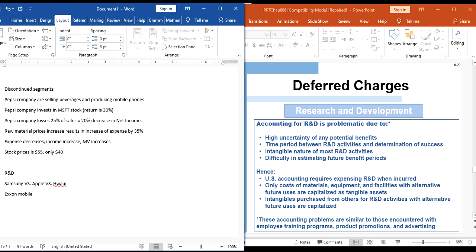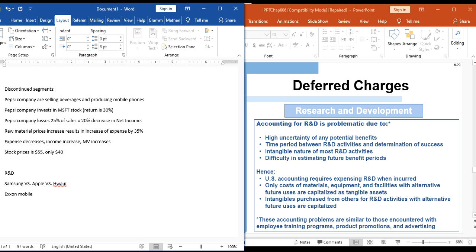When can we apply it and get some money out of it? Not sure. Time period is not sure. Intangible nature of most R&D activities. So spending money on R&D is not like spending money to buy a vehicle or buy land for the company. These are intangibles. This can go away anytime. Okay? Difficulty in estimating future periods, the same stuff.